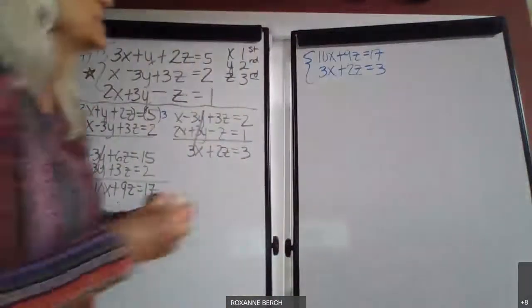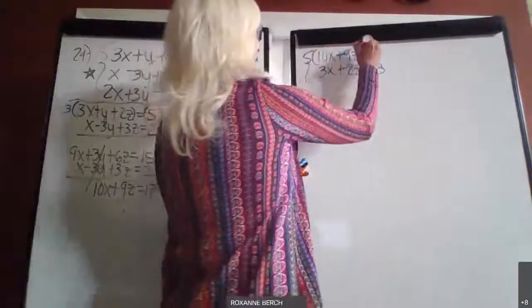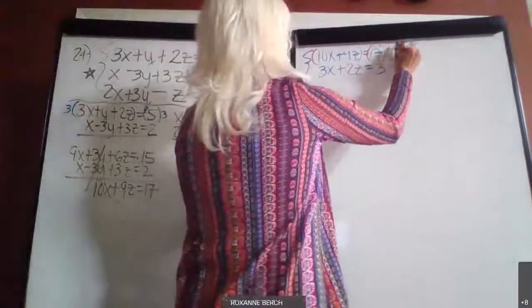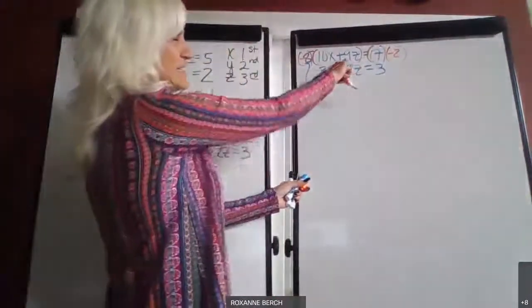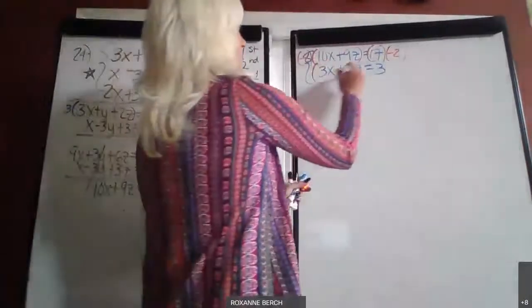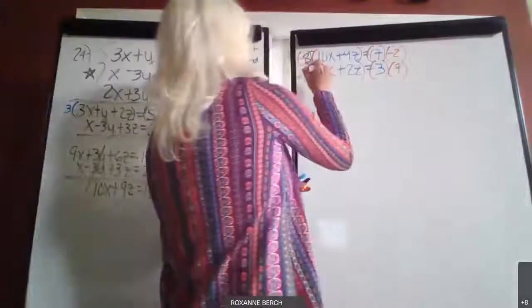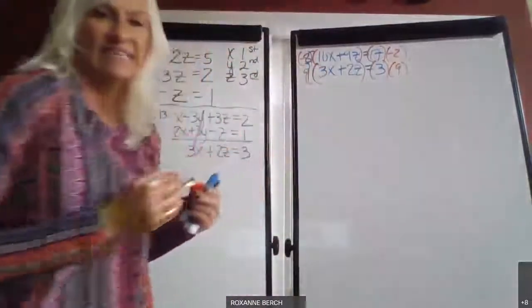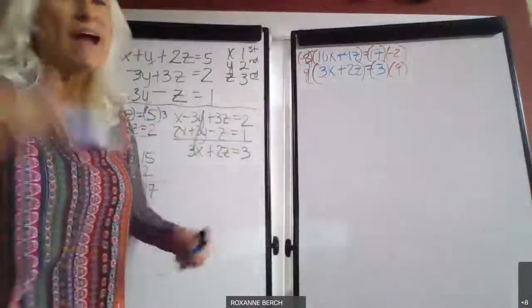So what we're going to do is multiply the top by -2 to get negative 18z. And on the bottom, we're going to multiply by 9 because we're trying to eliminate the z. So I'm going to rewrite it.